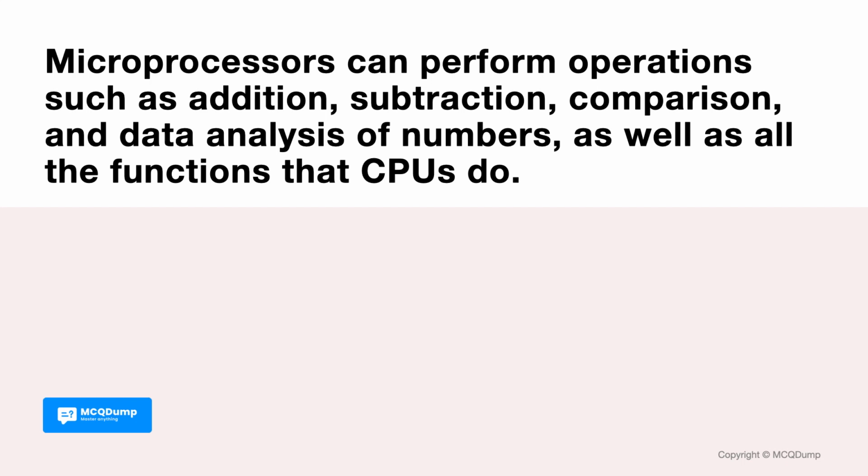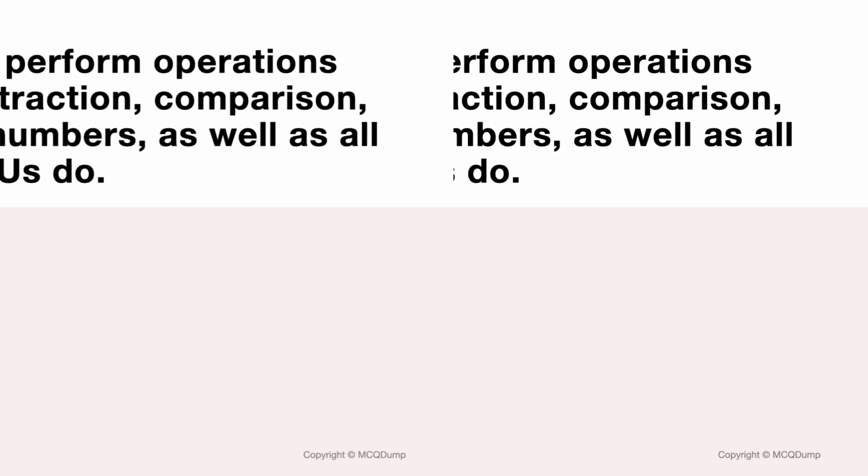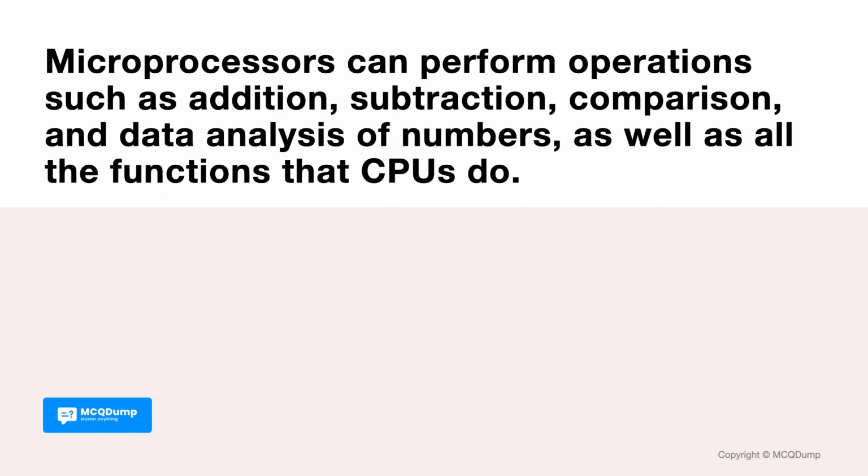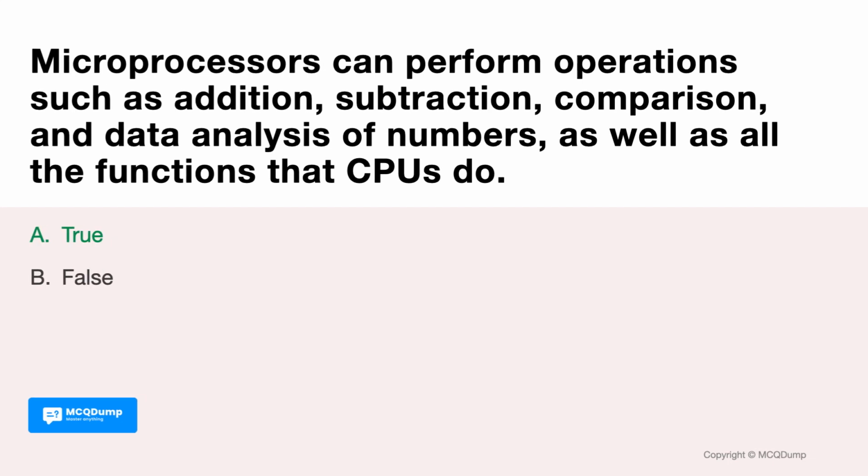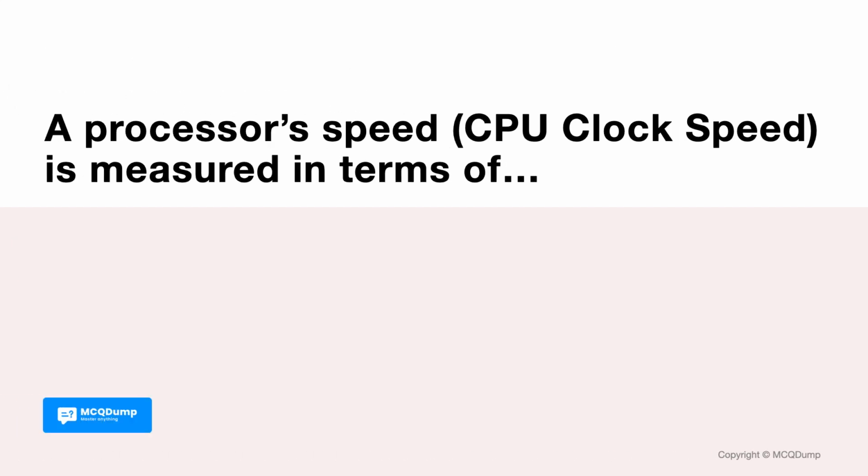Microprocessors can perform operations such as addition, subtraction, comparison, and data analysis of numbers, as well as all the functions that CPUs do. True or false? It is true. A processor's speed is called a CPU clock speed and is measured in terms of.